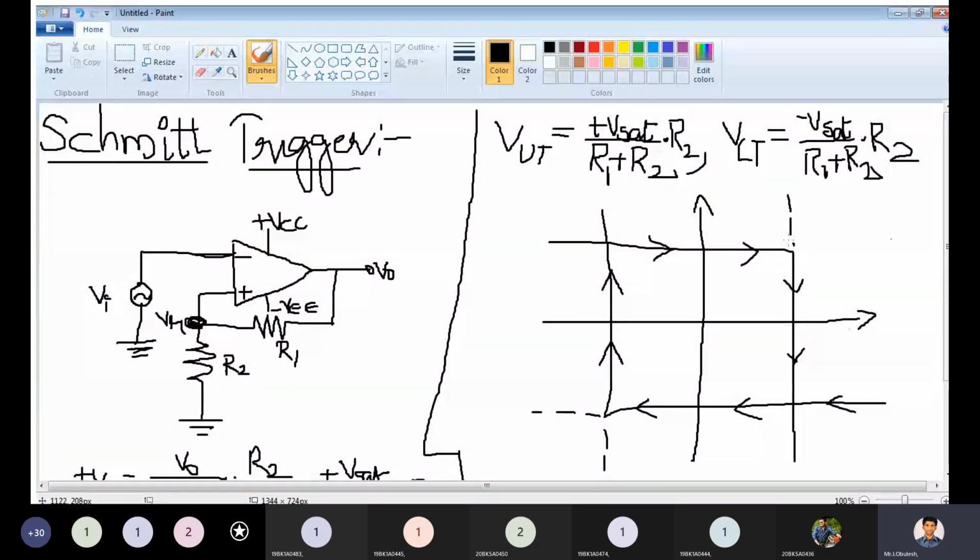See, this is VI less than VLT, lower threshold voltage.